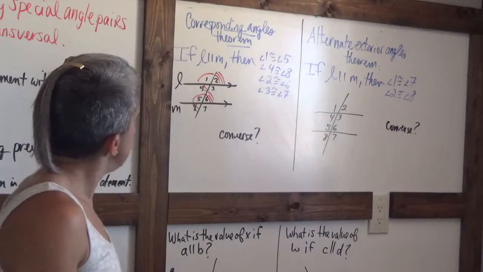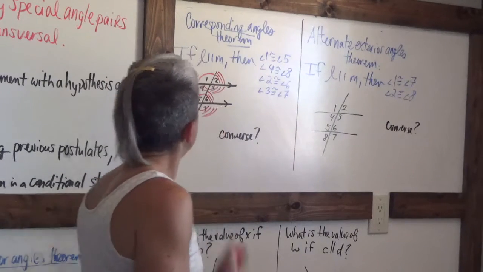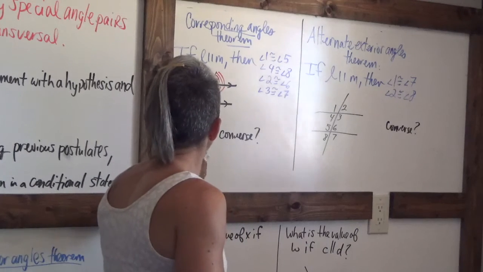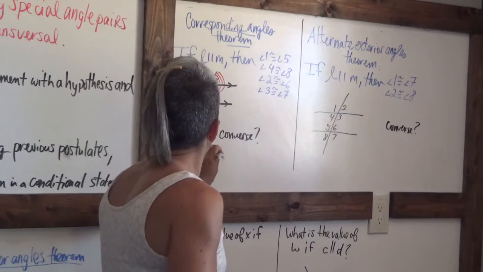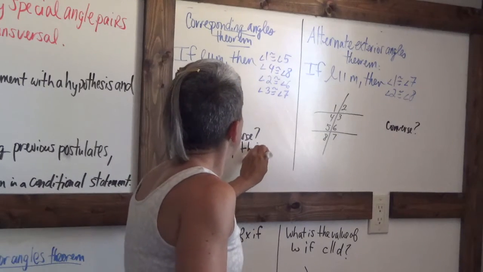And 3 is congruent to 7. If I wanted to write the converse, again, switch the hypothesis with the conclusion. So if angle 1 is congruent to angle 5, or any of these, then my lines are parallel.